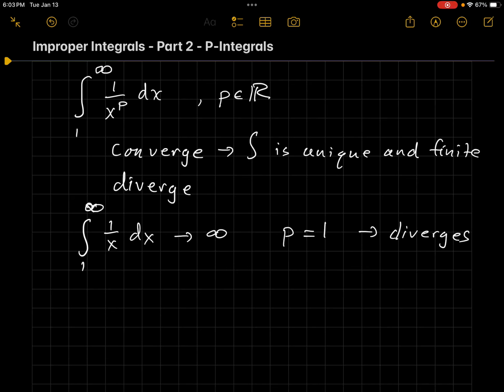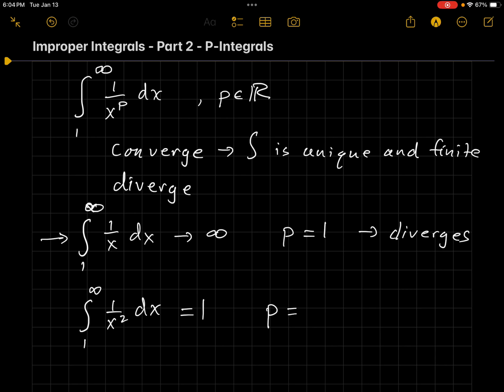The reason why is that for all other powers of p, we can use the power rule when we find the antiderivative. But we can't with this one because the antiderivative is the natural log of x. Now we also saw that when we did the integral from 1 to infinity of 1 over x squared, we got a finite answer.